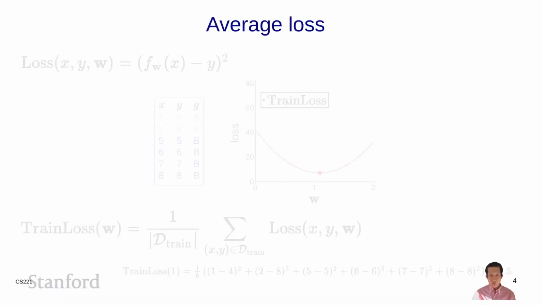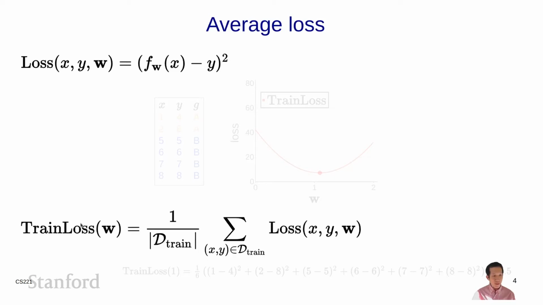So just as a review, for linear regression, we define the loss function of an input (x, y) and a particular weight vector to be simply the difference between the predicted value of that regressor, f_w(x), and the target value y, squared. And remember that we defined the training loss of a particular weight vector as follows.